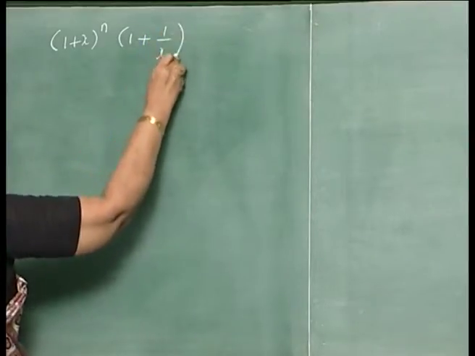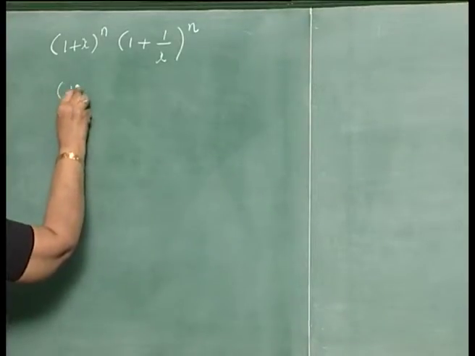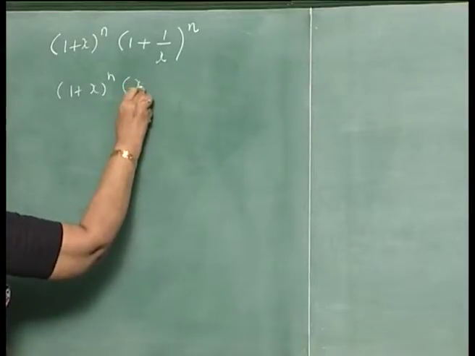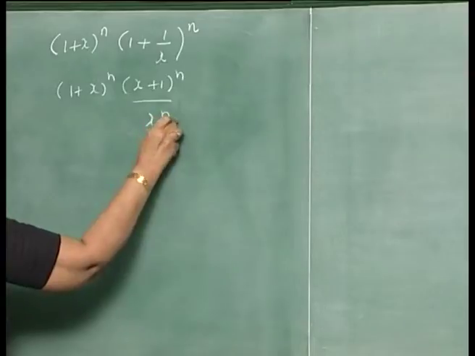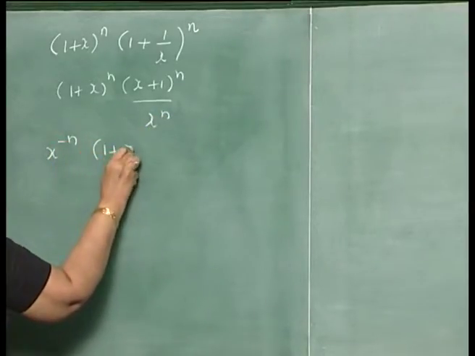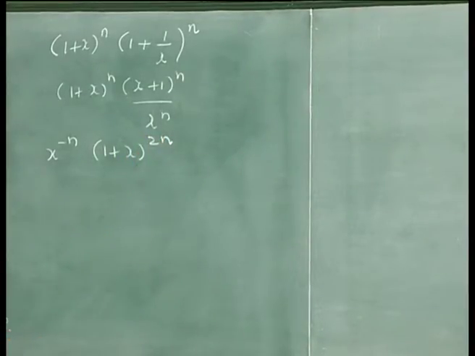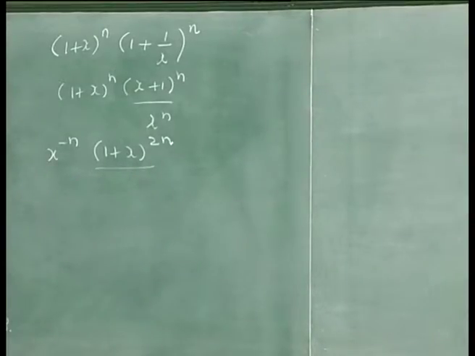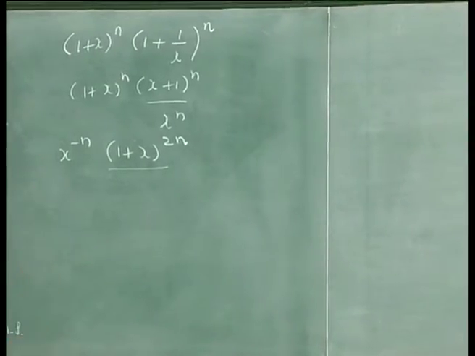Now, this one you can write as (1 plus x) power n, this x if you take, it is (x plus 1) power n by x power n, or x power minus n, this is (1 plus x) power 2n by x power n. In this expression, if you take the coefficient of x power n, when you multiply it by x power minus n, you get a constant term.